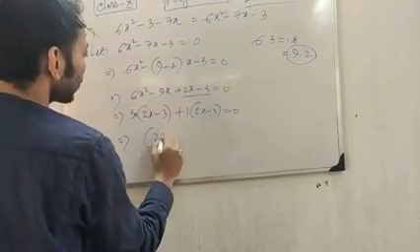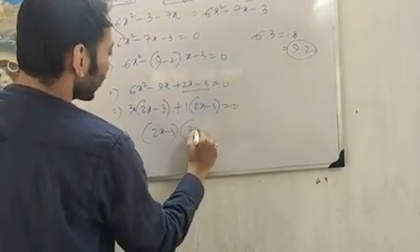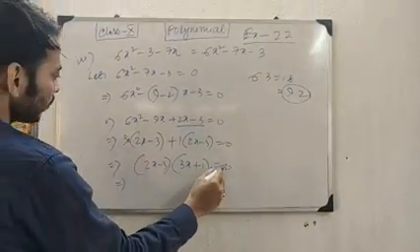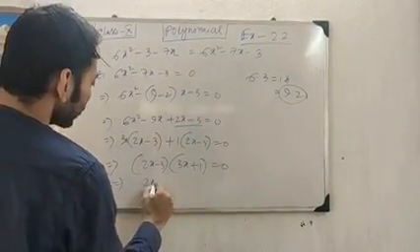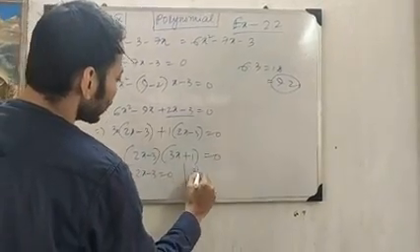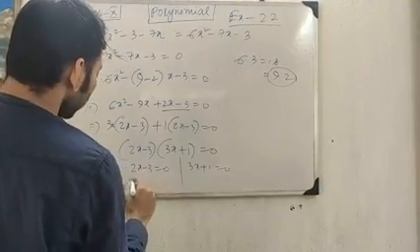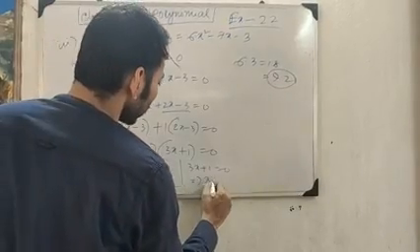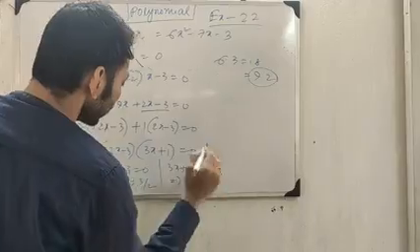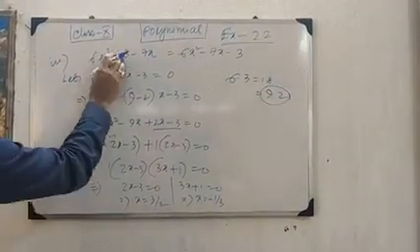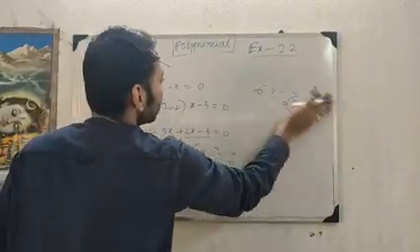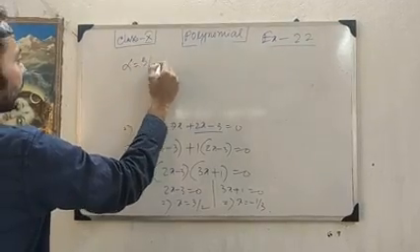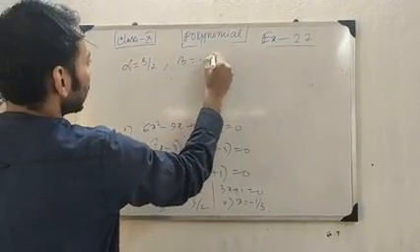Now taking common 2x minus 3, we will get 3x plus 1, which gives 2x minus 3 equals 0 and 3x plus 1 equals 0. This implies x equals 3 by 2 and x equals minus 1 by 3. So we get the two roots alpha equal to 3 by 2 and beta equal to minus 1 by 3.